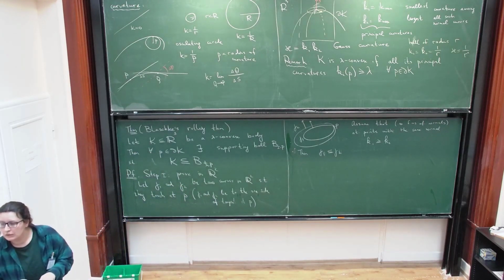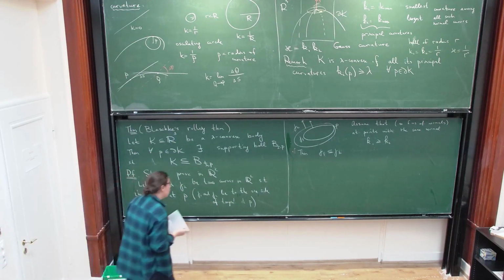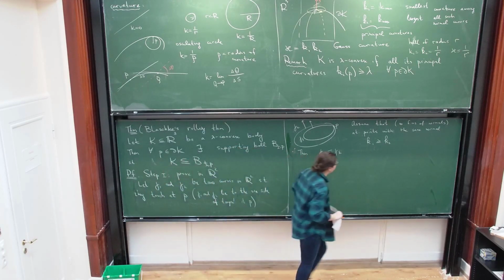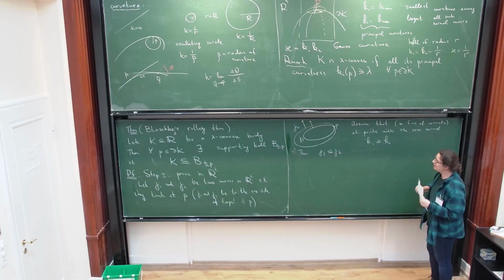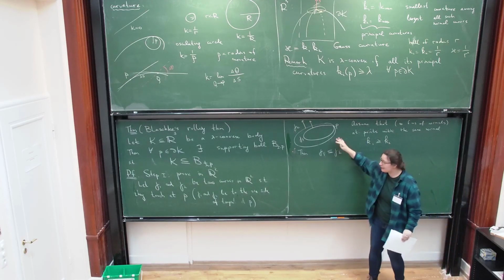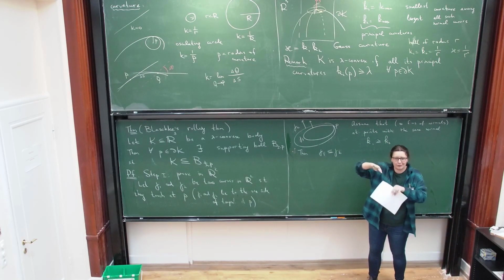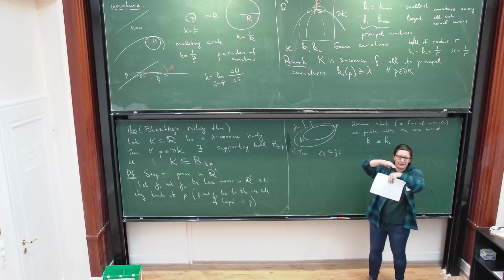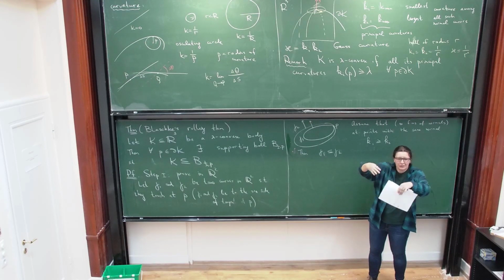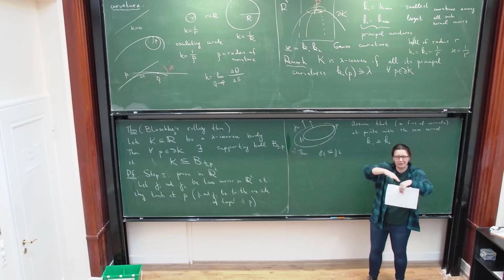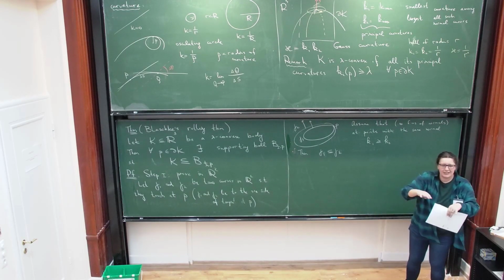Curvature may not exist, right? The curvature may not exist, yes. So I'm looking at the points, and what my bodies are, they are not going to have flat parts, right? The ball constraint prevents me from having flat parts.